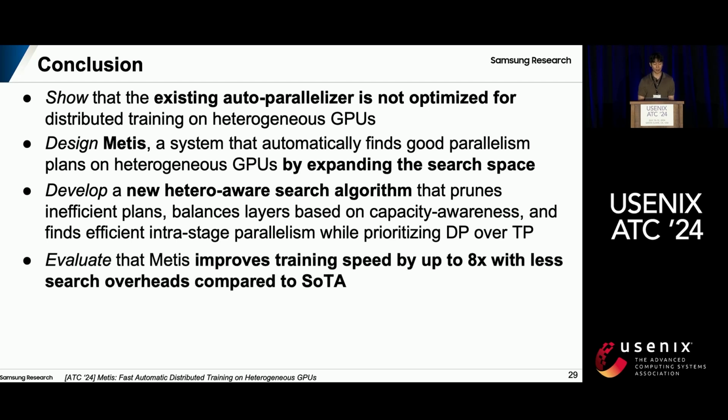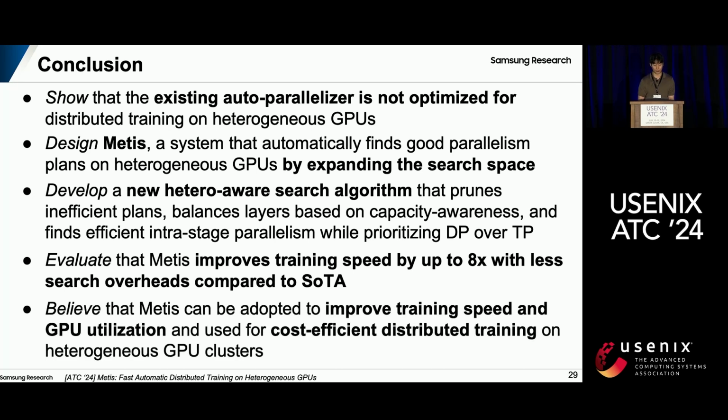And we evaluated that Metis improved training speed by up to 8 times with less search overhead compared to state-of-the-art auto-parallelizers. And we believe that Metis can be adapted to improve training speed and also GPU utilization, and used for cost-efficient distributed training on heterogeneous GPU clusters.